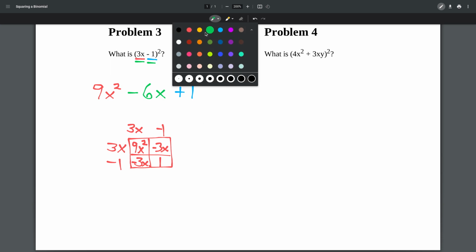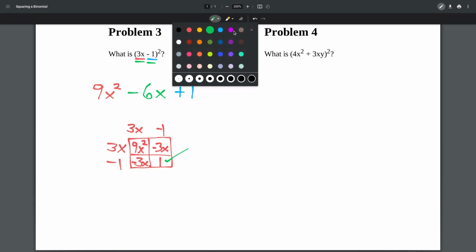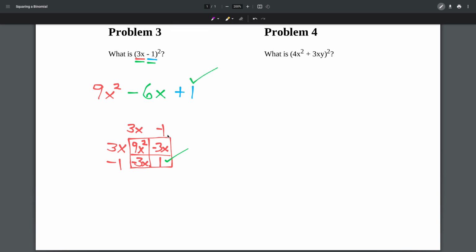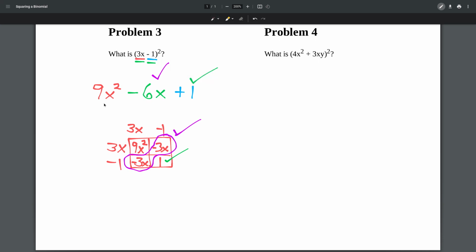Well, we've got our positive 1 here. That checks out. We've got a negative 3x plus a negative 3x. That gives me the negative 6x, so that checks. And then let's find a different color here. Then we've got the 9x squared, which checks out here. So everything works with that.